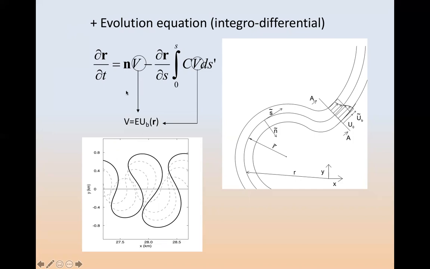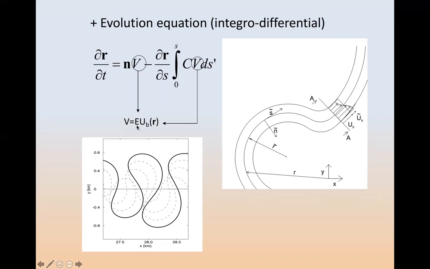V is the bank retreat rate, the velocity of bank retreat, which is closed through this simple relationship, which relates V to the velocity in the water very close to the bank. So the velocity at the bank, through a constant, which is the erodibility of the bank, of course.